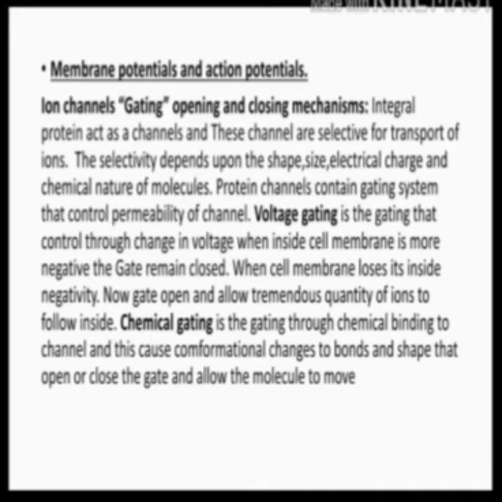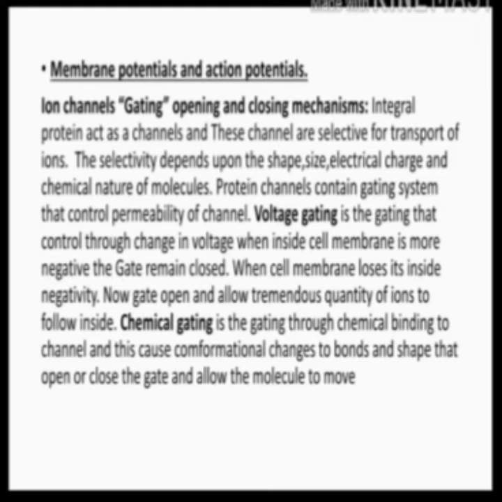In voltage gating, the gating is controlled through a change in voltage. When the inside of the cell membrane is more negative, the gate remains closed. When the cell membrane loses inside negativity, the gates open and allow a tremendous quantity of ions to move outside and go inside.